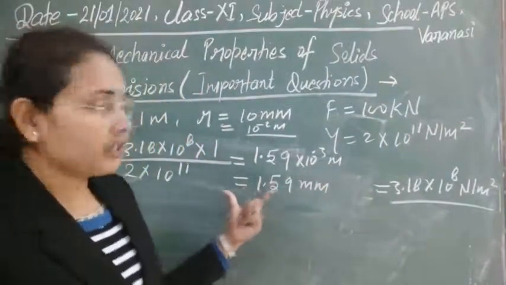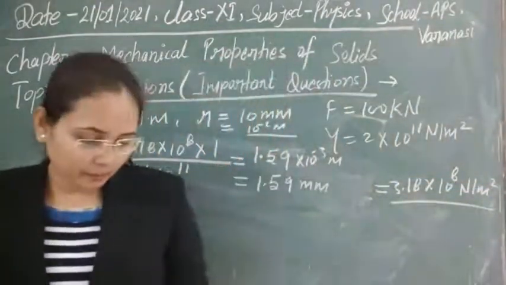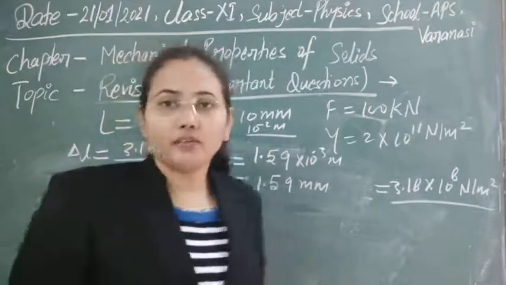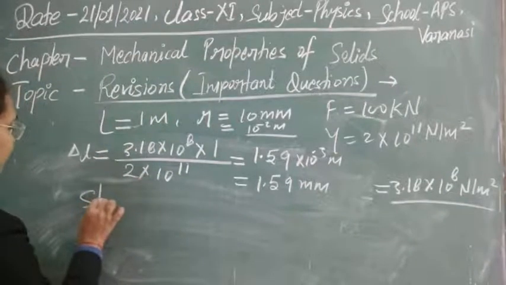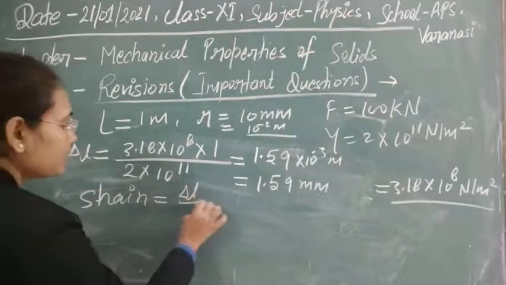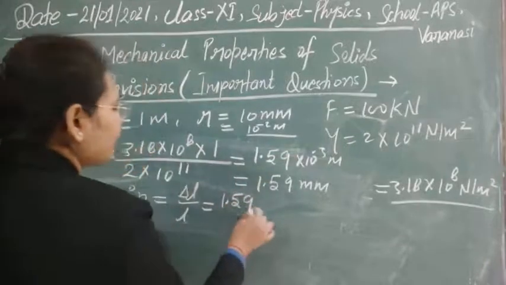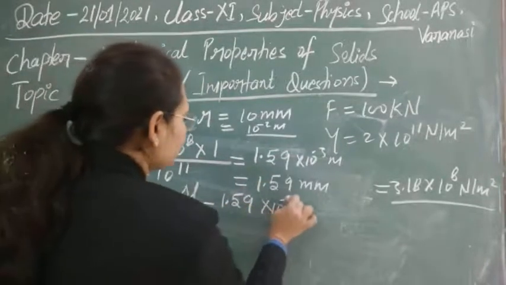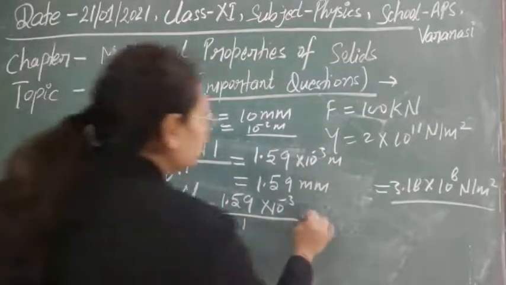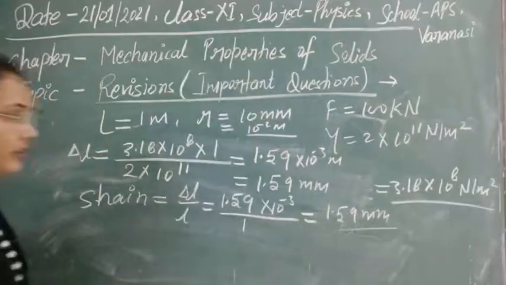So the second thing, elongation, we have just calculated. Third, we have to calculate the percentage strain that is produced in the rod. First of all, let's calculate the strain. Strain, you know, is given by change in length upon original length. Here the change in length is 1.5 mm, which you can write in meters also, and the original length is 1 meter.